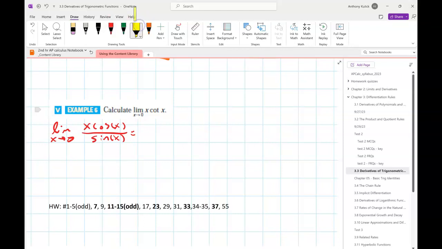So again, right now I see x over sine. I need it to look like sine over x. What's the reciprocal of a reciprocal? 1. That's like doing nothing at all, right? So this is the way I'm going to write it.